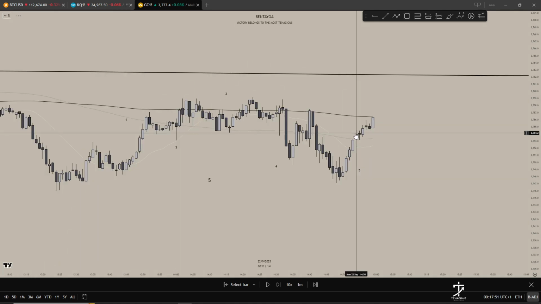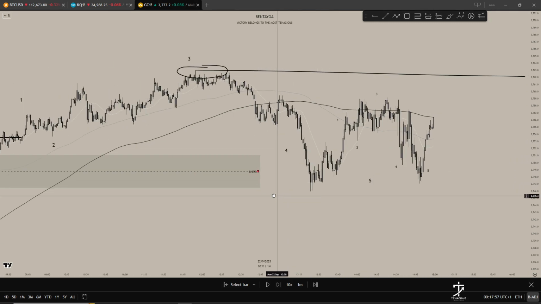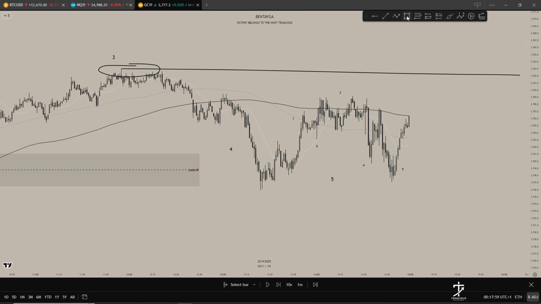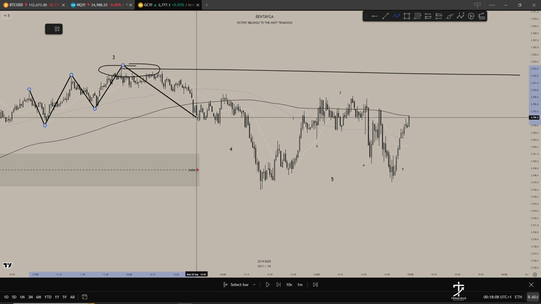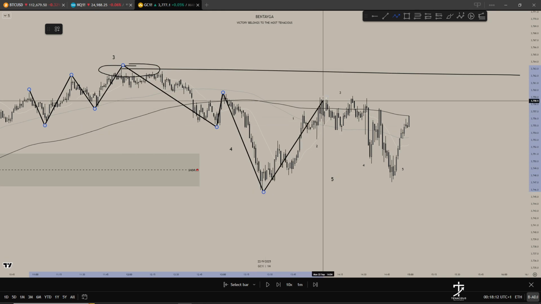You can also go down to your 1 minute time frame and look and see what price is doing based off structure. So if we're looking at things from a structural point of view, we made a high, higher high, higher low, higher high, low, lower high, lower low, lower high.